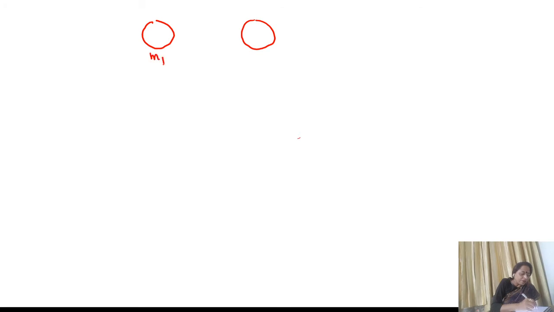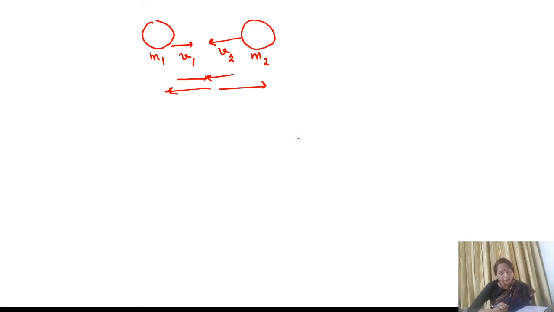It is of m1, it is of m2. One is moving with velocity v1, another is moving with velocity v2. Both collide, and after collision, suppose they repel. So if before collision their sum of momentum is 0, then after collision this will again remain 0.